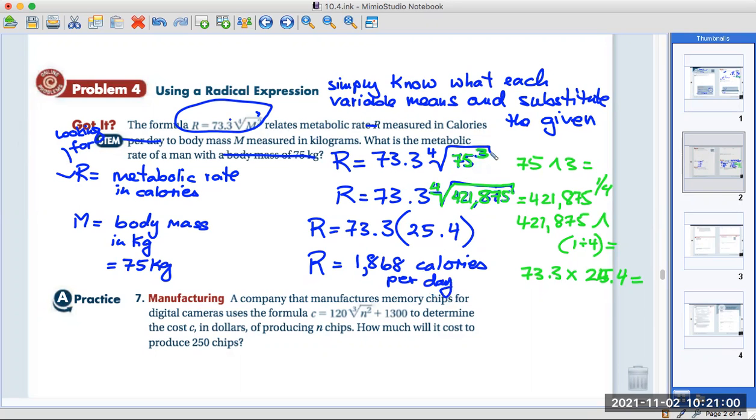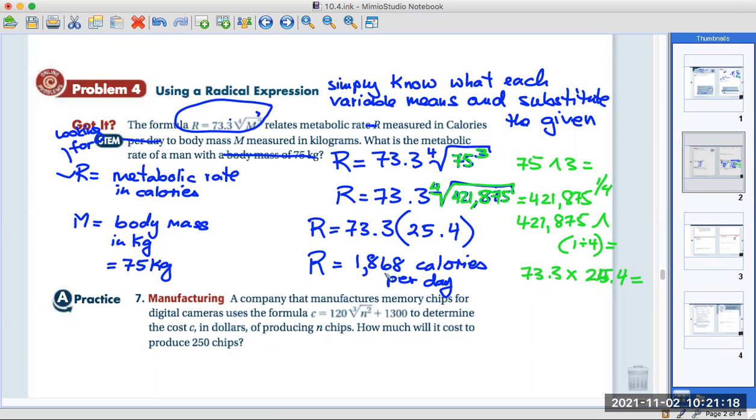So step 1, step 2, replace, multiply, 1,860. So that's your metabolic rate: if you rest, if you don't do anything, you'll still burn this many calories. But that's not enough.